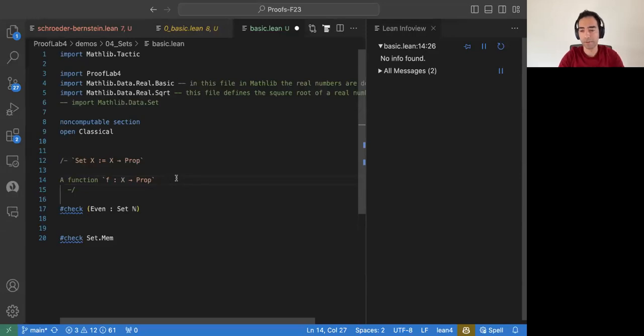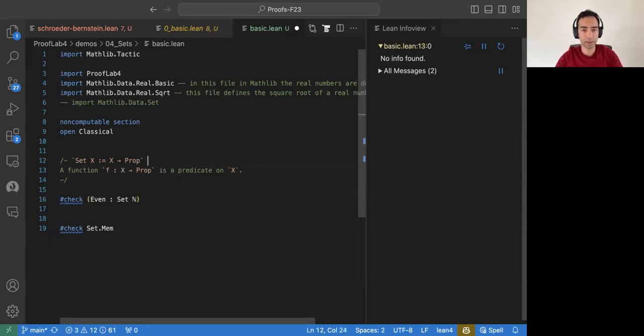So we actually called a function like this a predicate. That means it's a family of propositions depending on the input X. Okay.